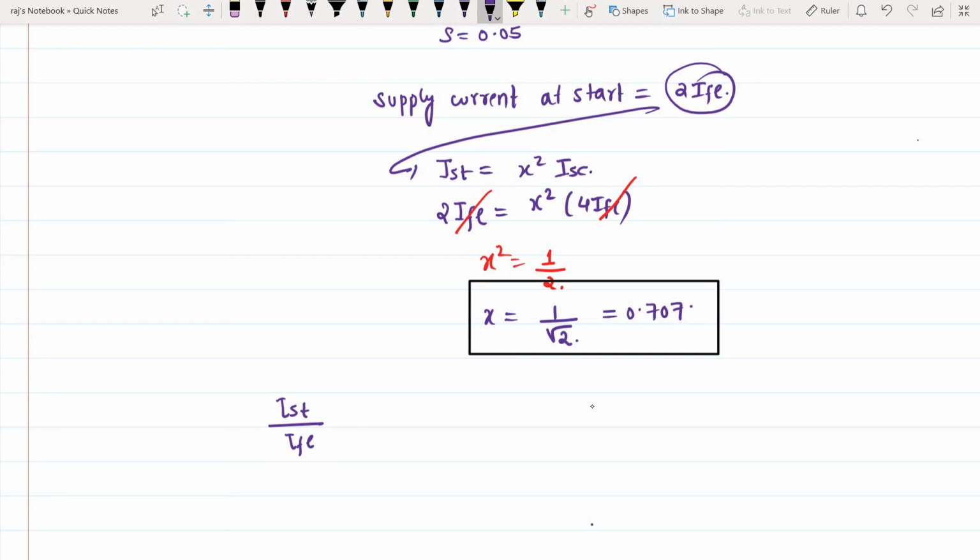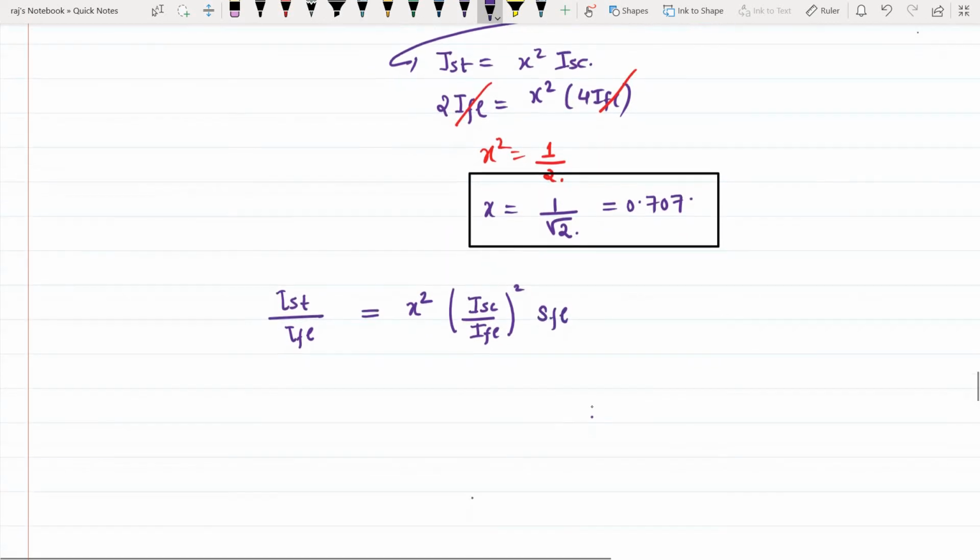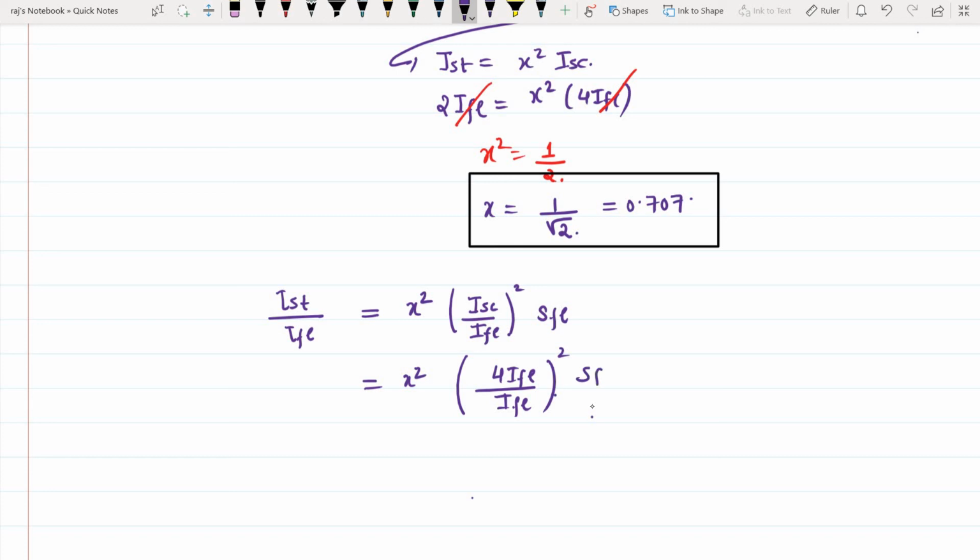is equal to X square (ISC by IFL) whole square SFL. X square, ISC is 4 times IFL by IFL whole square into S times FL.